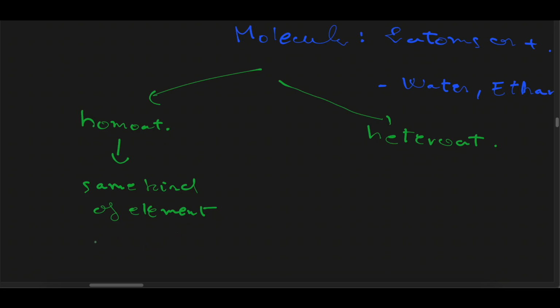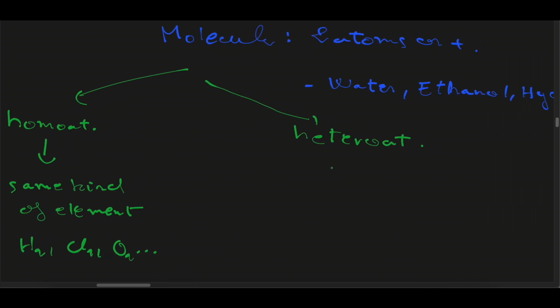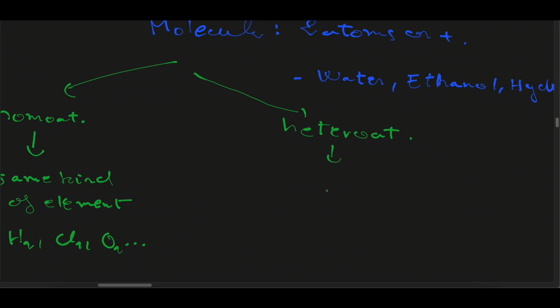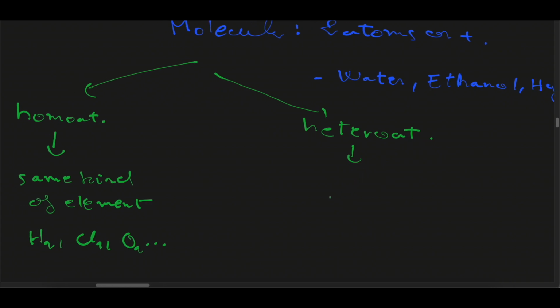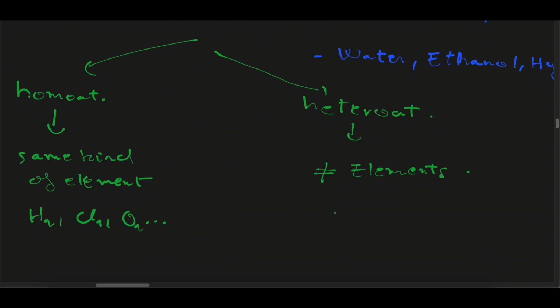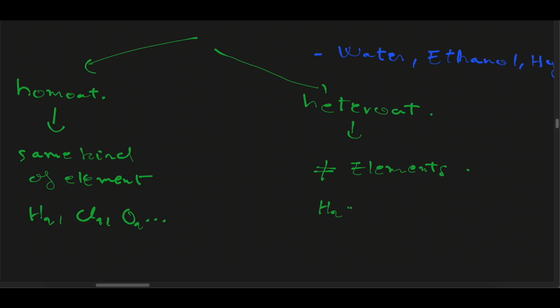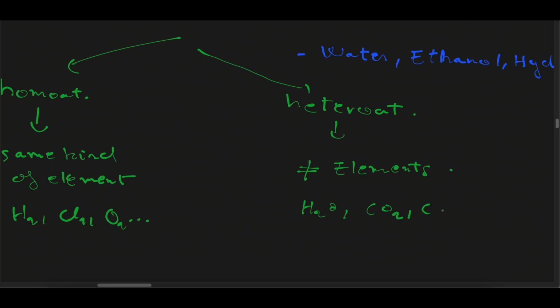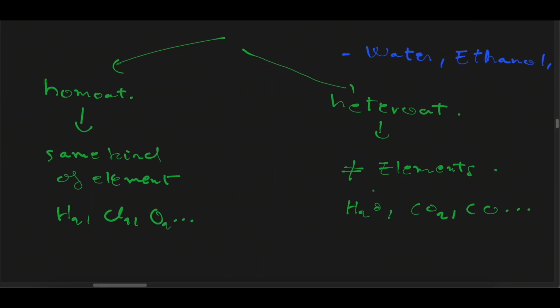For example, hydrogen gas, chlorine gas, oxygen gas, and so forth. But heteroatomic molecules are made up of different types of elements. For example, water, H2O, carbon dioxide, CO2, carbon monoxide, and so forth. So the heteroatomic molecule is composed of different types of elements.